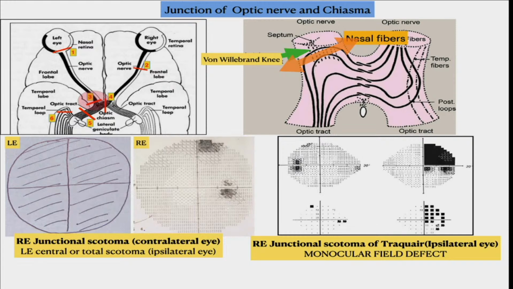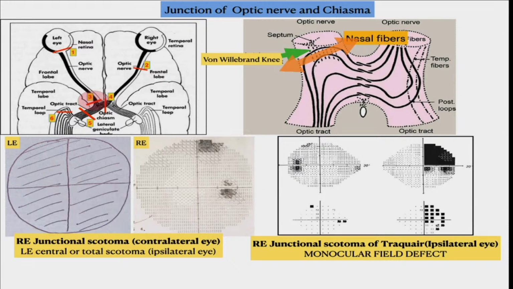So that means, if you have the nasal compression of only, say, the right nerve, it will lead to a temporal field defect in that eye only. There will be no contralateral field defect. So the junctional scotoma of Traquair, by a Scottish neuro-ophthalmologist, Traquair, was only for one eye.